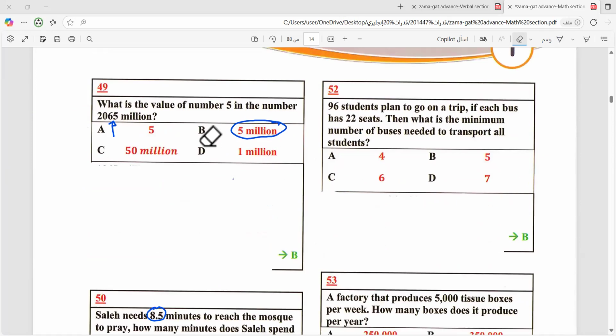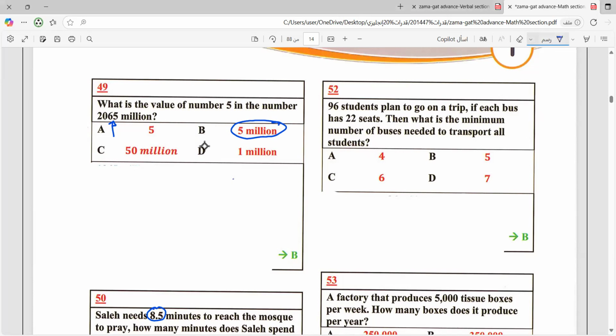96 students have planned to go on a trip. If each bus has 22 seats, what is the minimum number of buses needed to transport all of the students? We need to find how many buses are needed. We have 96 students.